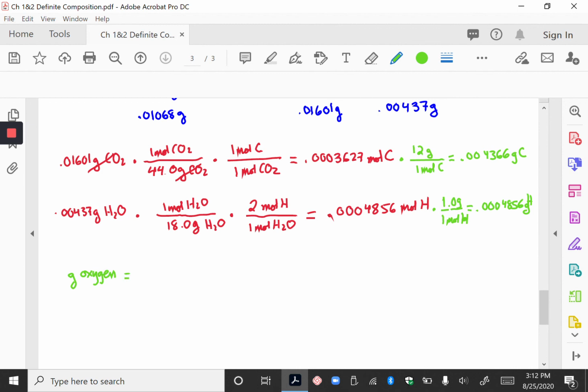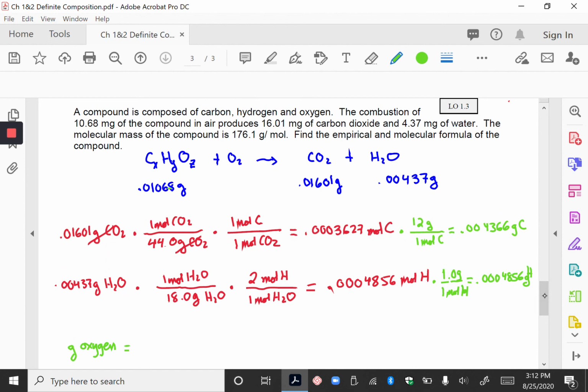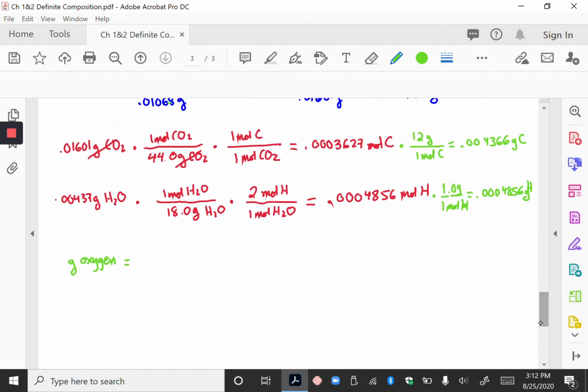So now to find the grams of oxygen, I'm going to take my total for my whole compound, so this right here, 0.01068 grams total, minus, and I'm going to take away from that my carbon and my hydrogen so that I get the oxygen.